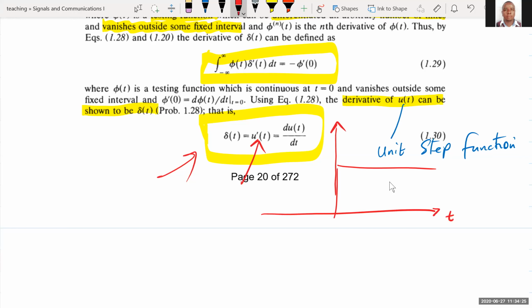This is time t, and this is time equals 0. If you differentiate this function, it is going to be equivalent to delta of t. How we differentiate that is beyond the scope of this one. We are just saying that the generalized function can be used to illustrate the delta function.